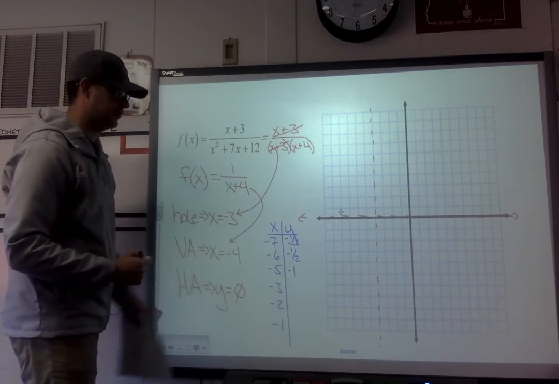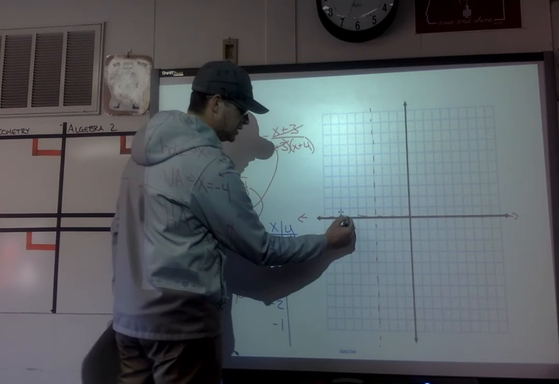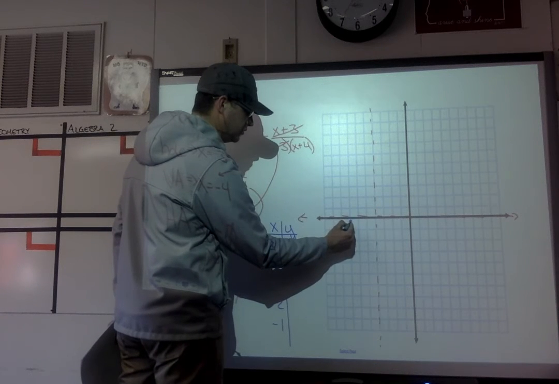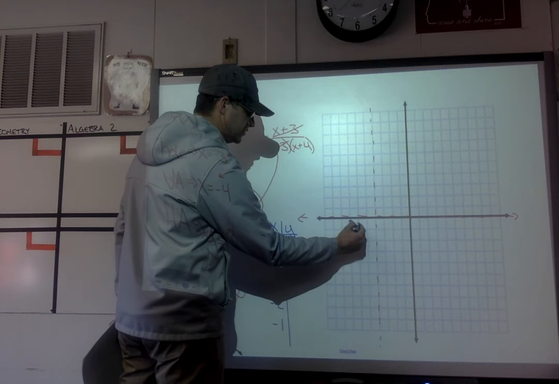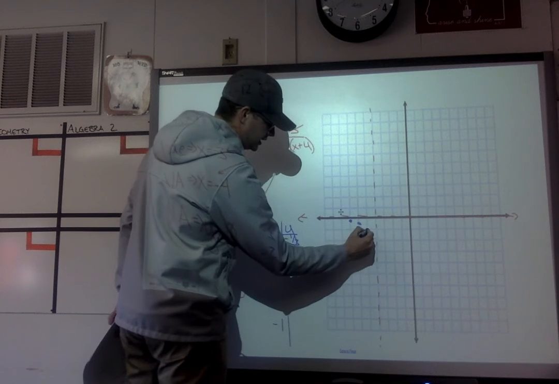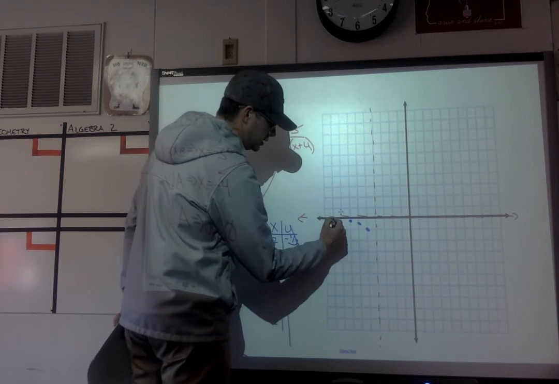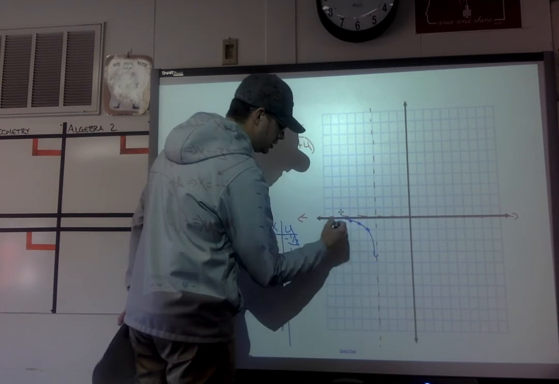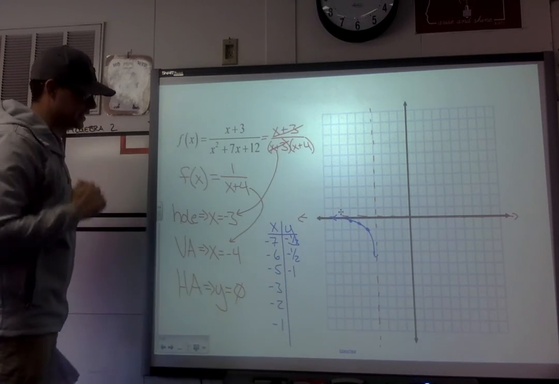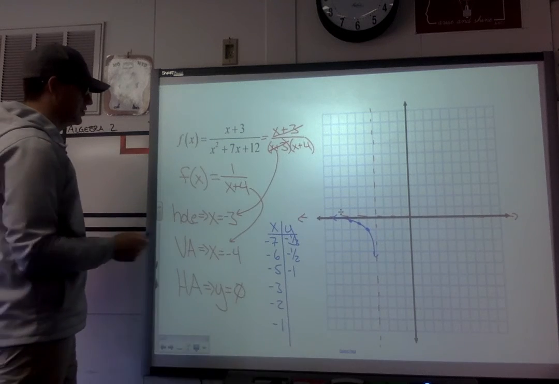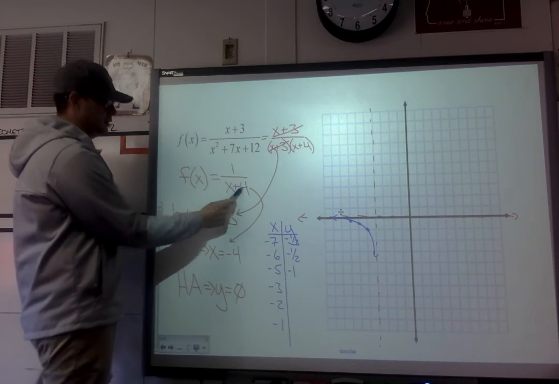I'm going to go ahead and graph those 3 points: negative 7, negative 1/3; negative 6, negative 1/2; and negative 5, negative 1. So that's that side.